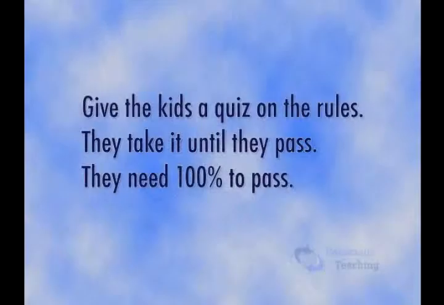One really fun strategy, from Rick Curwin, who wrote Discipline with Dignity, is to have the kids take a quiz on the rules and consequences in your classroom. They can take the quiz as many times as they want. They need 100% to pass. So if they get a 98, they fail. They keep taking it. When they get 100%, they get an A for that quiz.